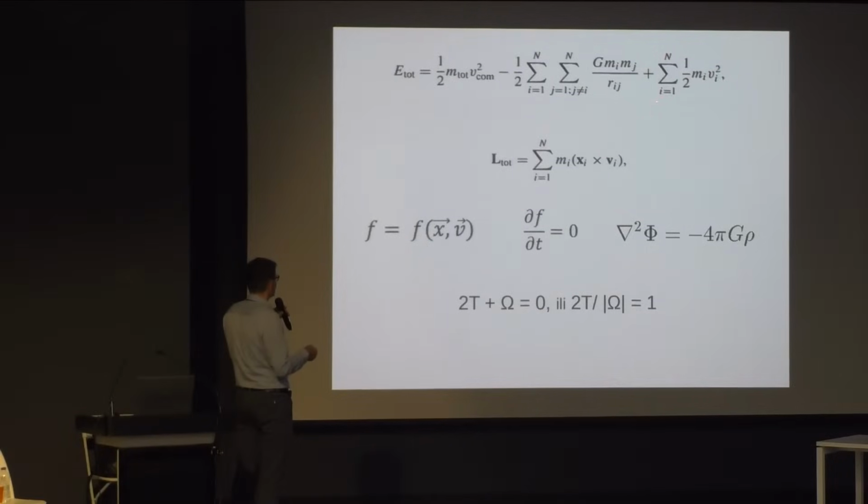So if we have n objects, we're just summing from 1 to n. This is the motion of the center of mass. Angular momentum has to be conserved, so this is just a cross product of the positions and velocities, and the distribution over positions and velocities should also be conserved, and this is the collisionless Boltzmann equation.